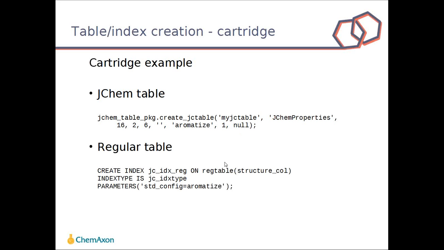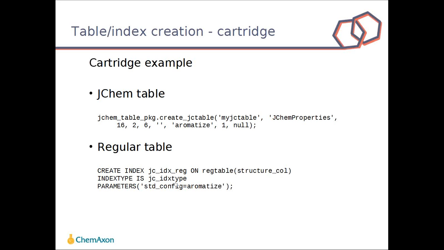If you would like to use a regular table which was created by another tool, then you create an index named this. On this regular table, here comes the regular table's name, and within parentheses the name of the column that contains the structures.